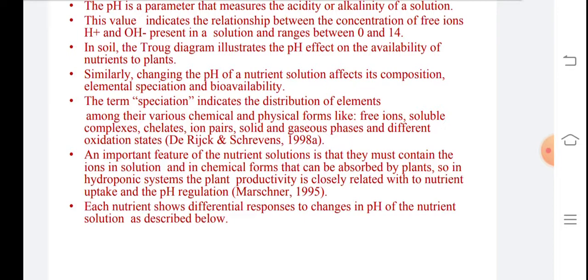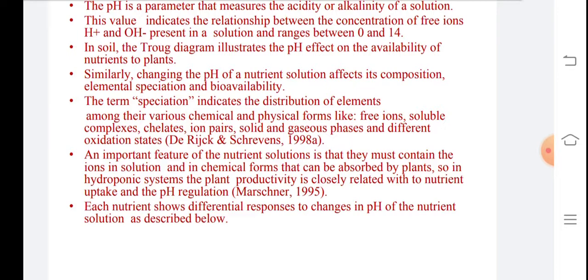The chemical and physical forms are in the form of free ions, soluble complexes, chelates, ion pairs, and solid and gaseous phases, in different oxidation states. It was shown by scientists in 1998. The important feature of a nutrient solution is that it must contain the ions in a chemical form that can be absorbed by the plant.